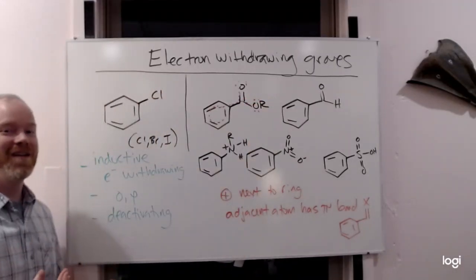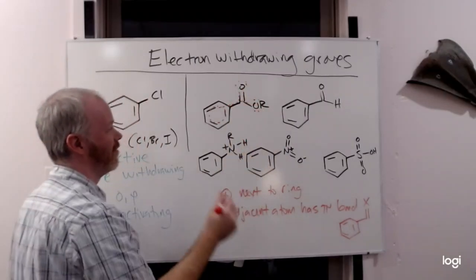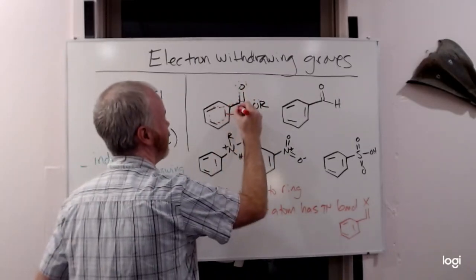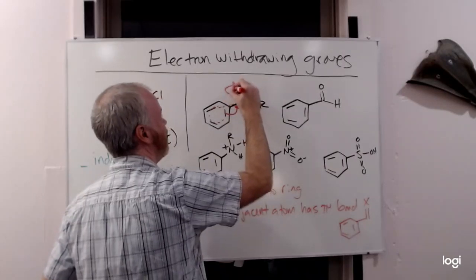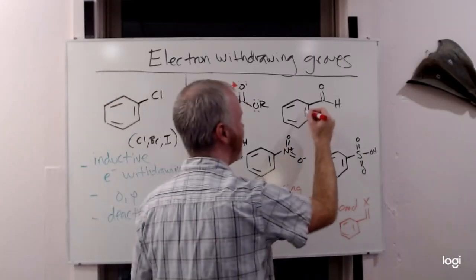What direction is that electron sharing going to go? Well, probably towards the more electronegative atoms, right? So these resonance structures would be drawn in this way. We're pulling electrons out of the ring in all these cases.